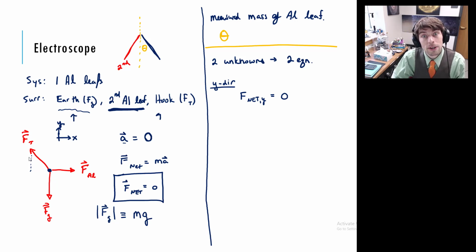We need the component that's in the vertical direction. And that's why we needed the theta. If we measure theta, the angle that the leaf, our system, is angled at, that tells us the angle at which the tension force is pulling. And so we can use that angle along with the tension force to get just the vertical component.